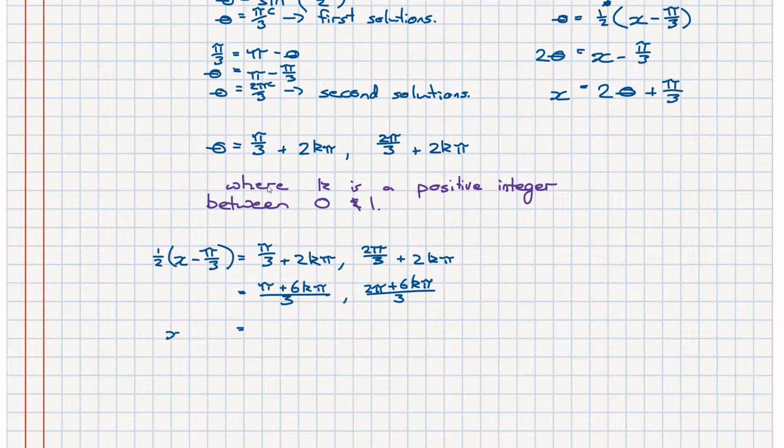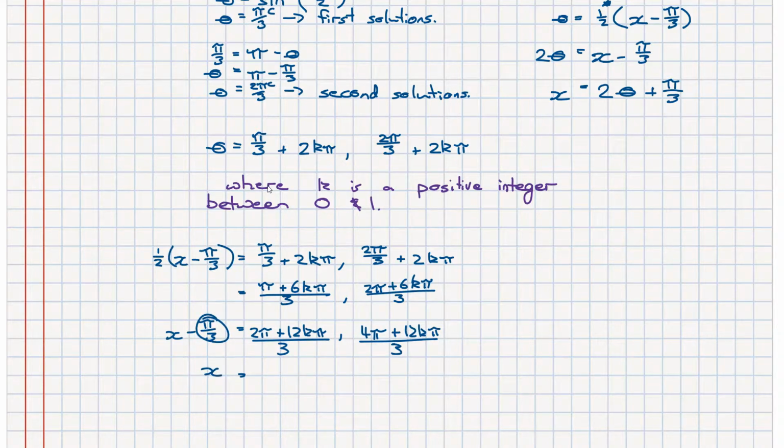On the left hand side, we're going to get x equals pi on 3, then this will become, do it over 2 lines, 2 pi plus 12k pi, and then similarly 4 pi plus 12k pi.